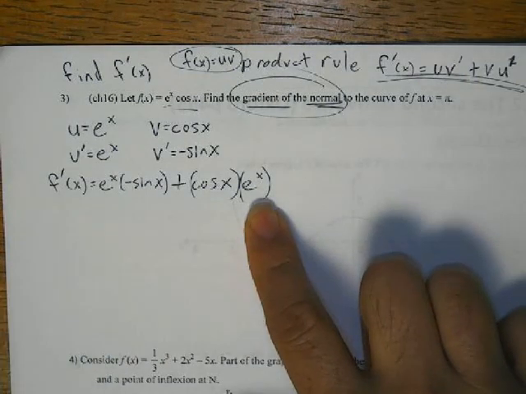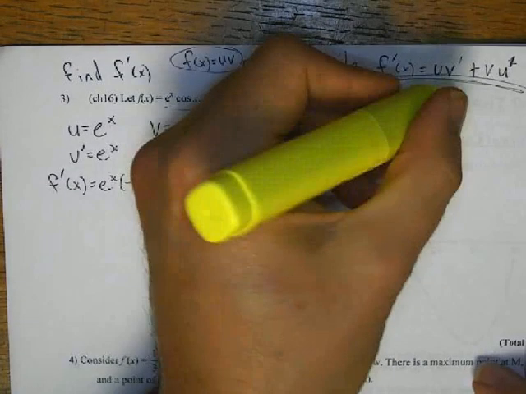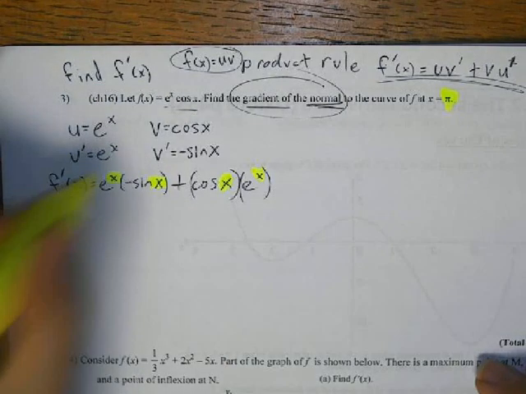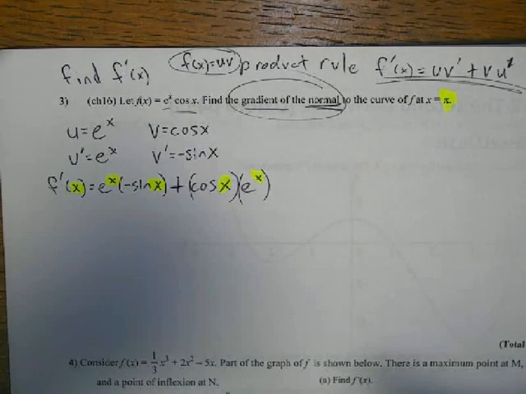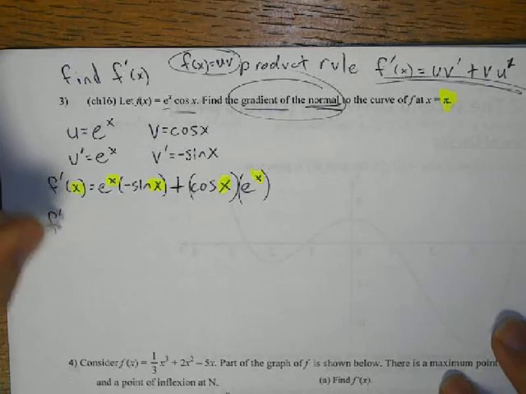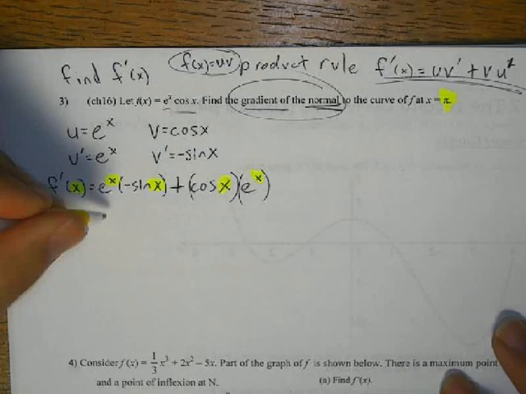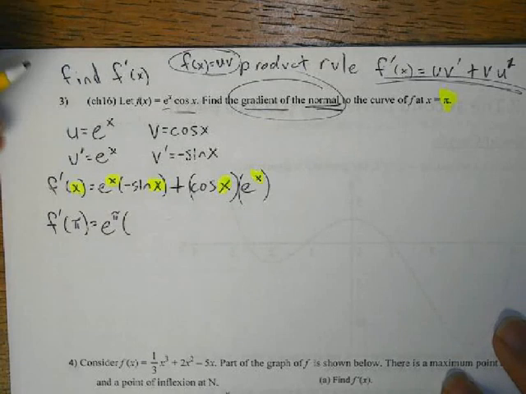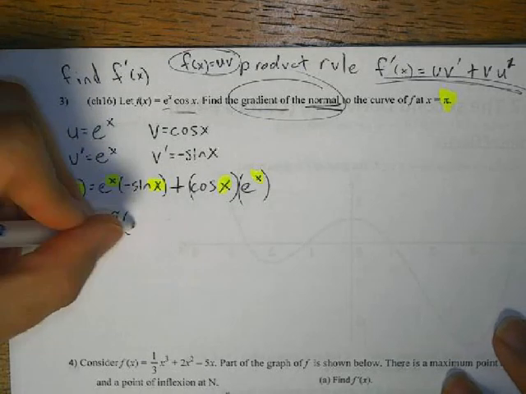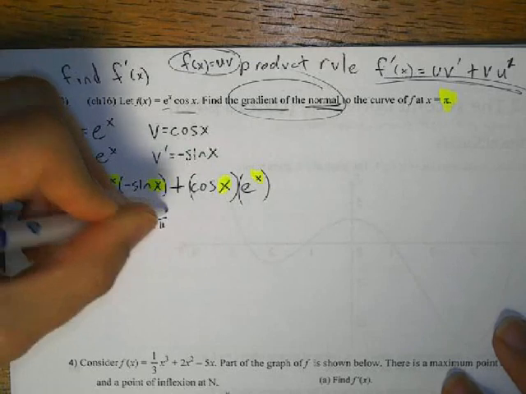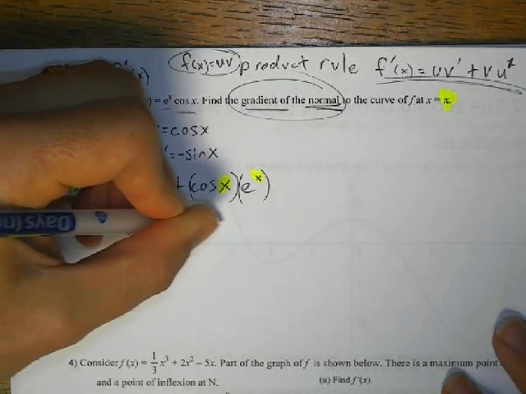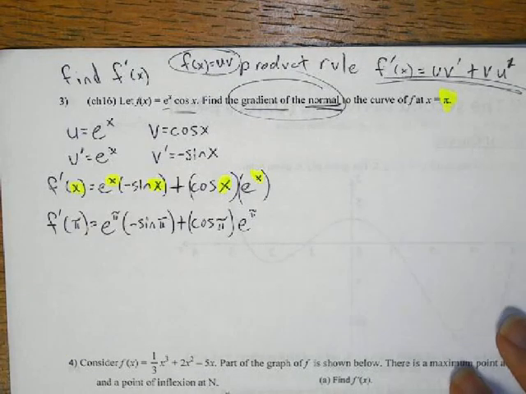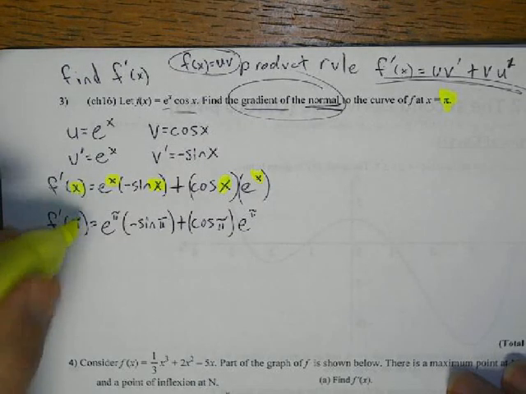And now we want to plug in pi in place of x. So then I get e to the pi times negative sine pi plus cosine pi times e to the pi. Okay, so I just replaced x with pi.